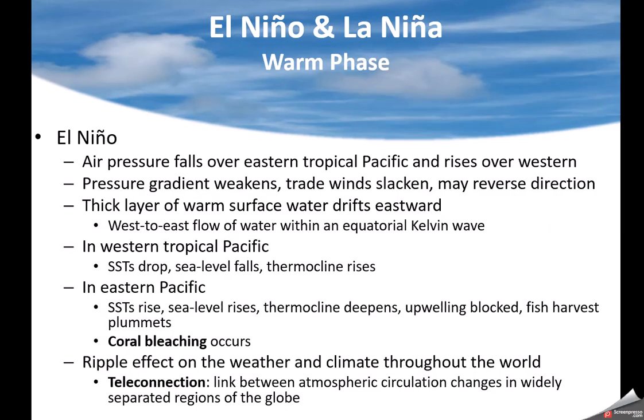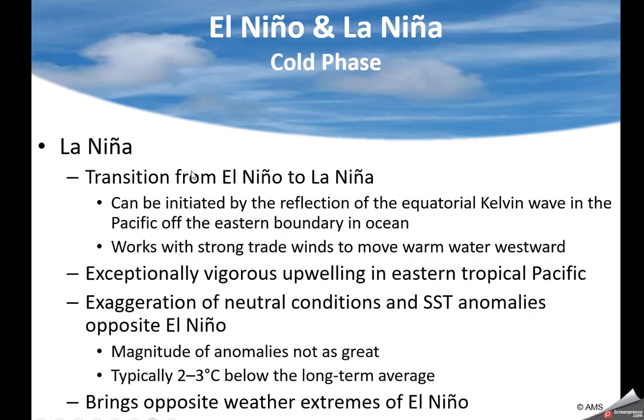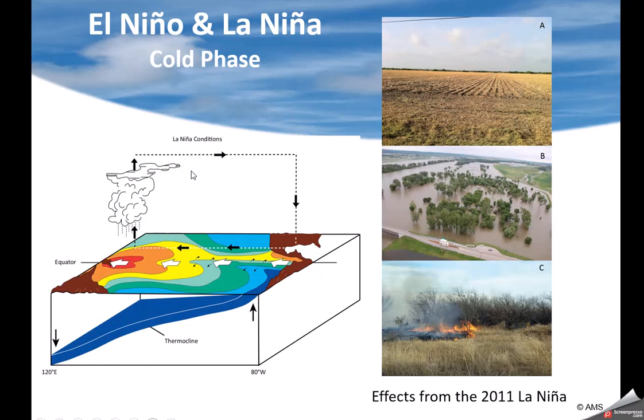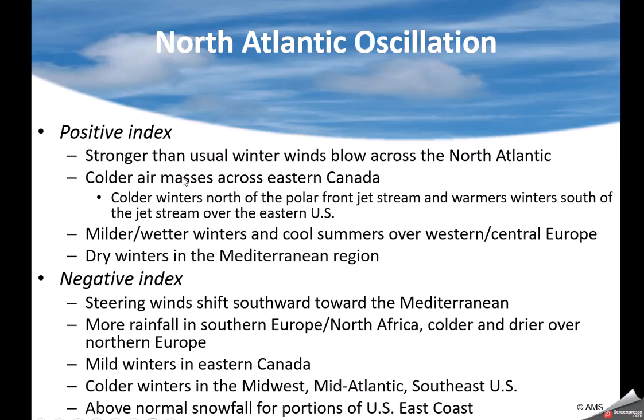We talked a little bit about the warm phase and cold phase of El Nino. You can see here the thunderstorms developing during El Nino, slowing the jet stream. These have significant impacts around the globe. There are other parameters. The North Atlantic oscillation is one.